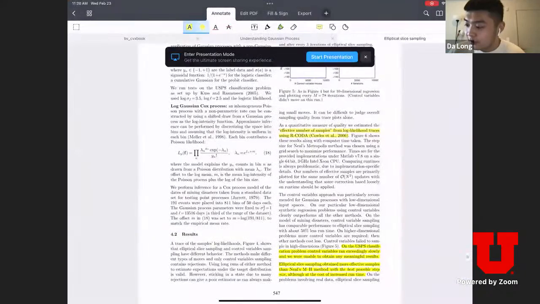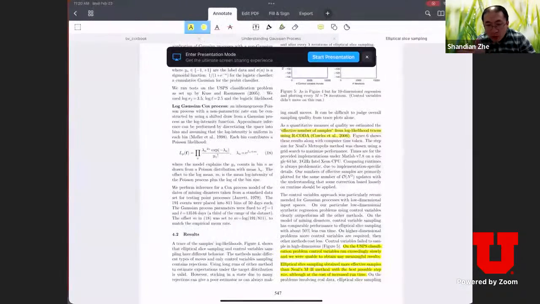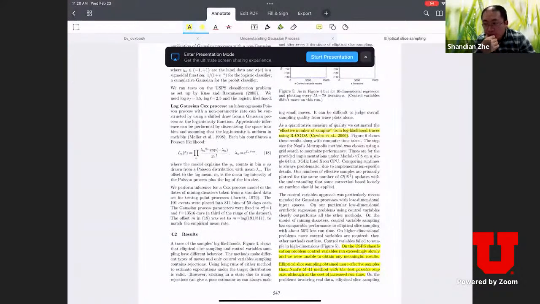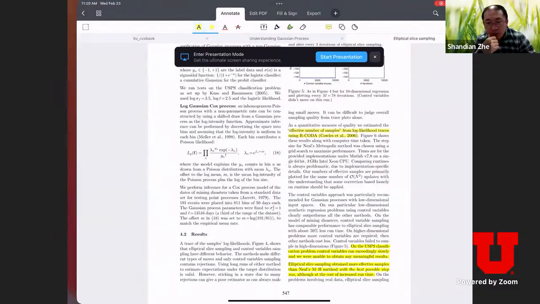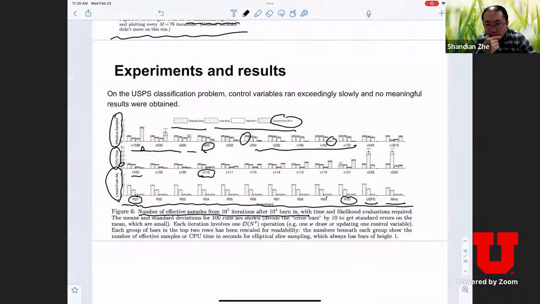There is some formula. Basically for Monte Carlo algorithms, the samples you generate are not independent, so they contain duplicated information. Like 10,000 samples might just correspond to 100 independent samples. So that's what the effective sample size means. Oh, okay.